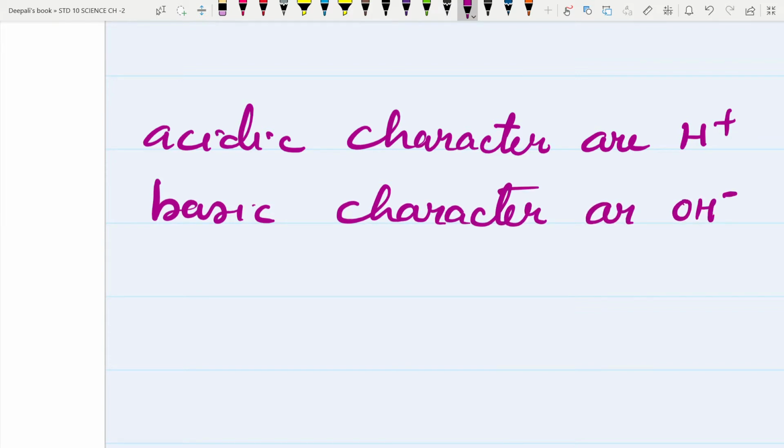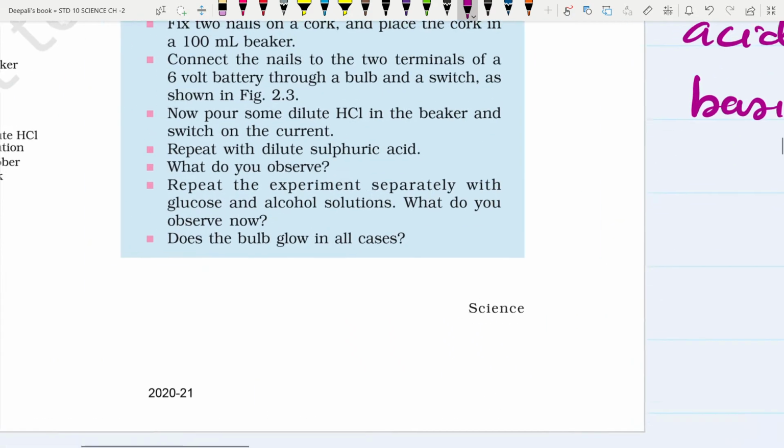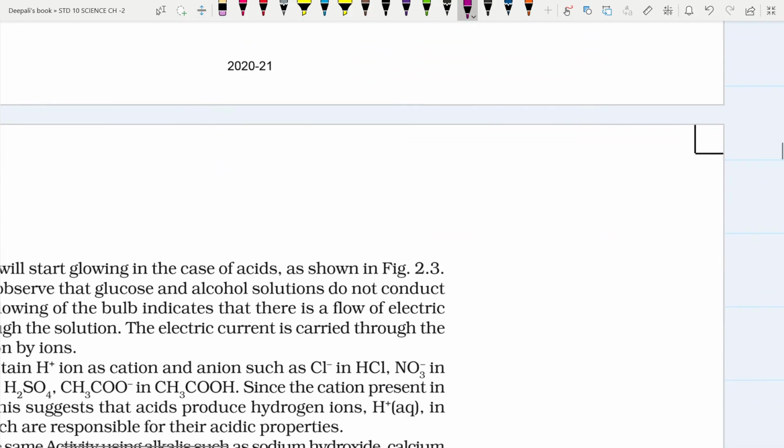If any substance can dissociate into H+ or OH- when electric current is passed through it, then it is either an acid or a base. And if it does not dissociate, then it is neither acid nor base.